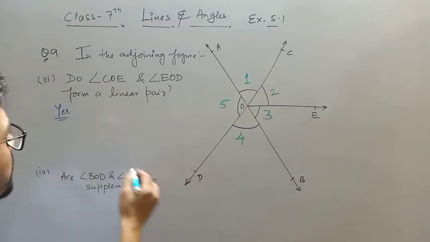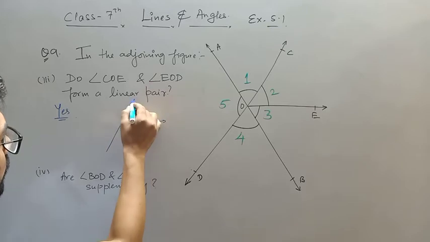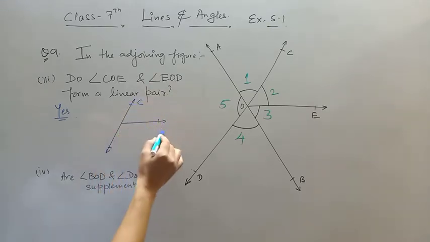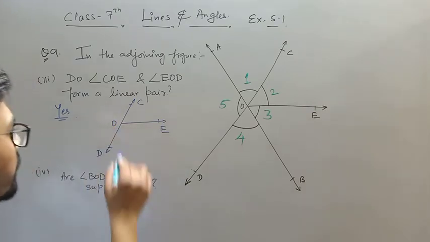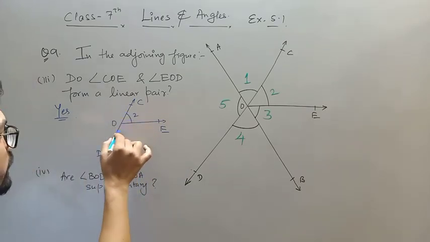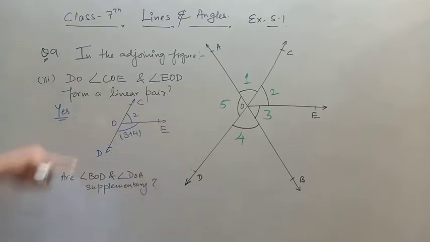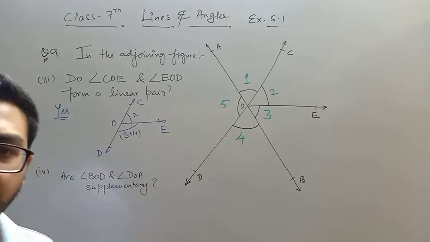If I draw CO, this point is C, this point is E, this point is D, this point is O. This angle is given to you as angle 2, and this complete angle is 3 plus 4. So COE and EOD are forming a linear pair, right?